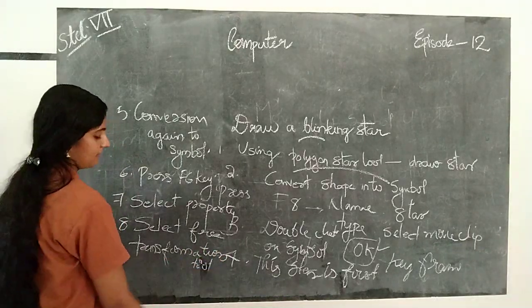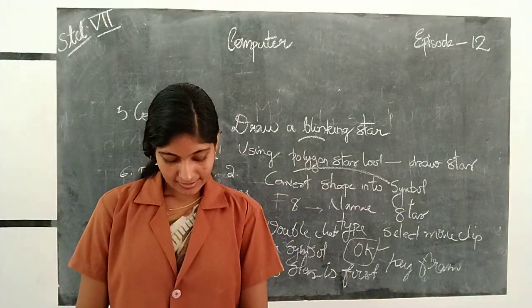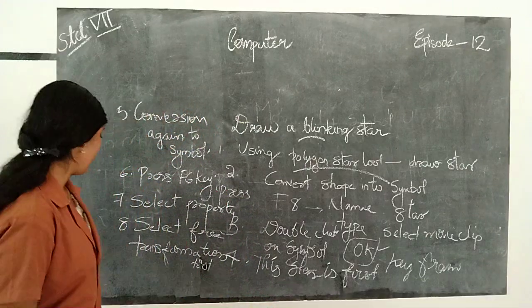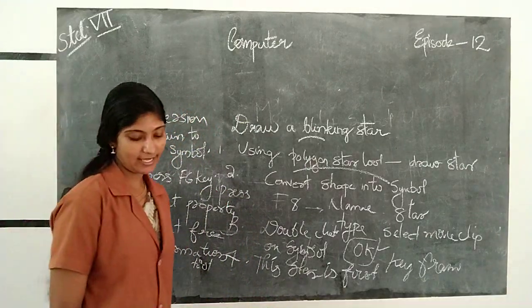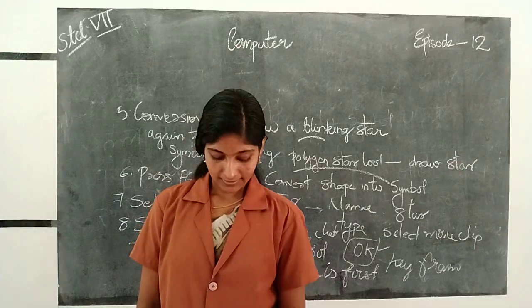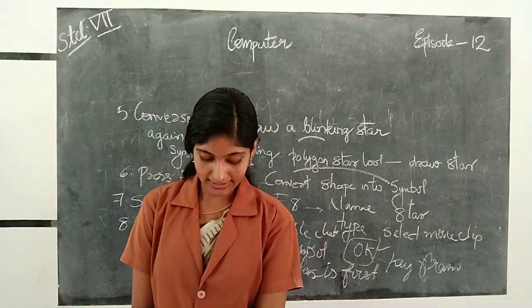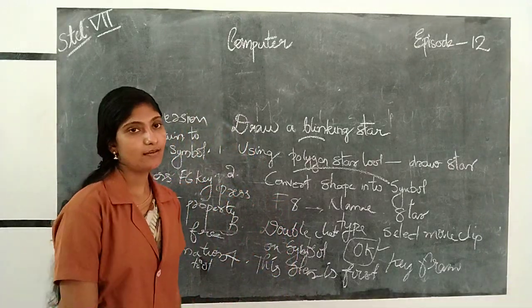Yes. Then next step, repeat the step 6, 7 and 8 again and again. Then we can see the star should be in yellow in color. Then click on the same one.